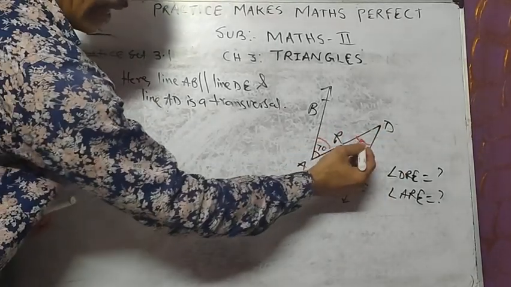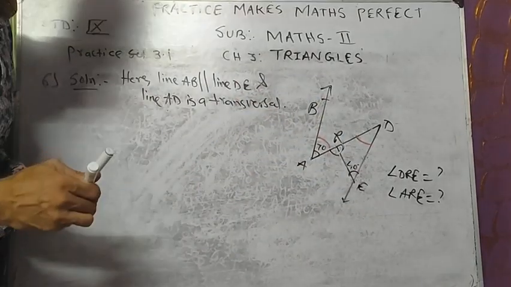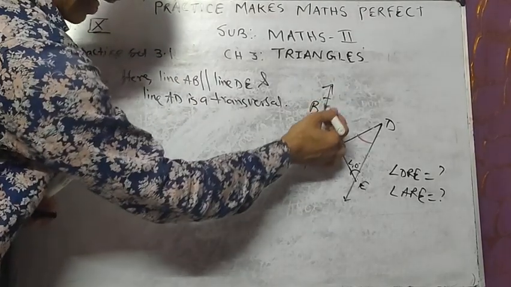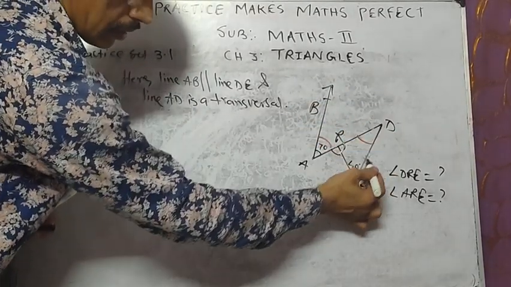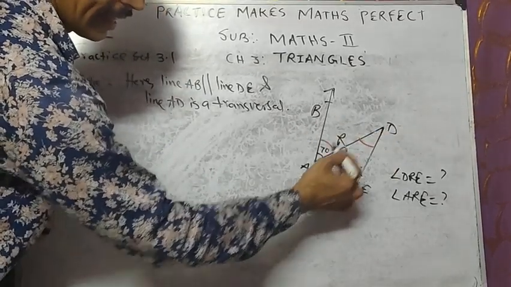Okay, these two are alternate angles. Why are they alternate angles? Once again I would like to tell you, this line AB is parallel to line DE, and this is a transversal. You can see the Z type.